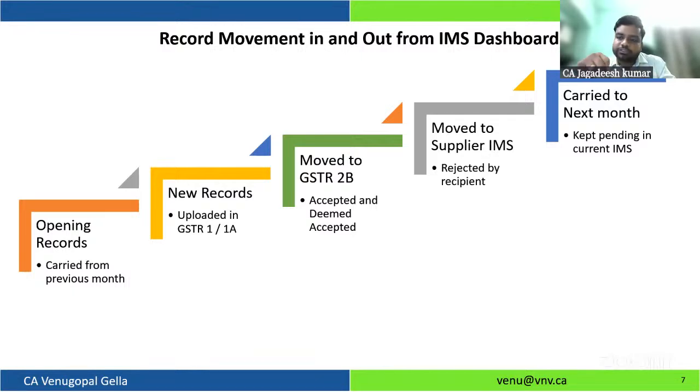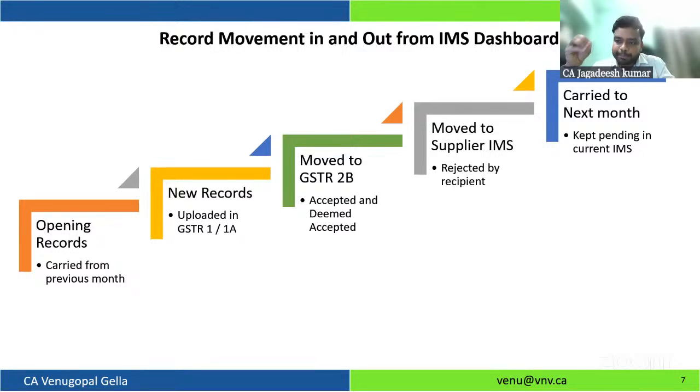Then new records, whatever records are uploaded by your supplier, will come and sit in your IMS like a credit. So the recipient will have an option to take action on the already pending records and the newly added records. If they are accepted or rejected, they will be moved out of your IMS.